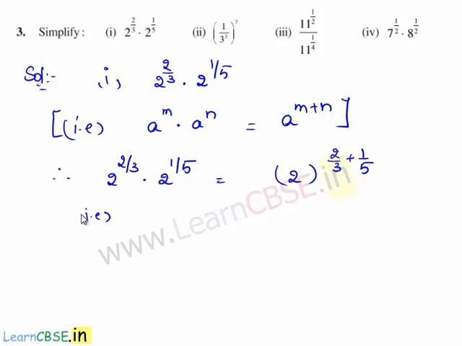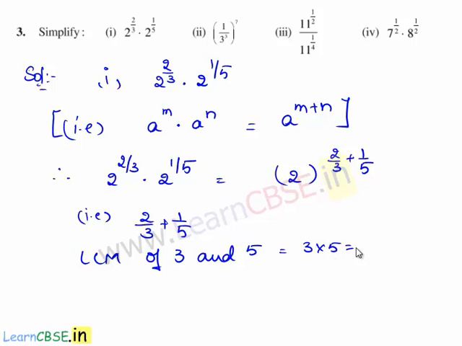That is, 2 by 3 plus 1 by 5 can be added by taking a common denominator, that is LCM of 3 and 5. As we know, 3 and 5 are prime numbers. LCM of 3 and 5 is 3 times 5, which is 15. So we shall convert 2 by 3 into its equivalent rational number, that is with a common denominator 15.